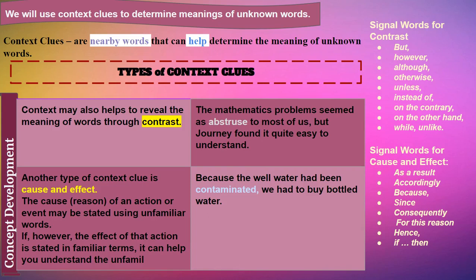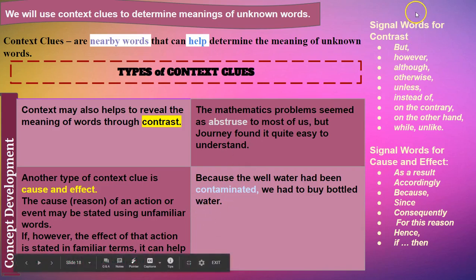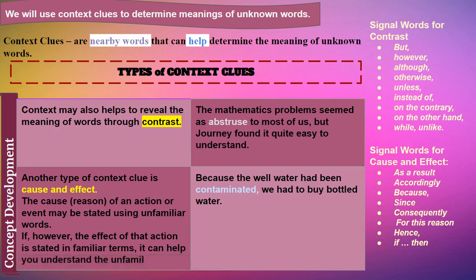Again, these are different types of context clues. We know we have signal words that will help us to determine what these words mean and how to use these words. So please, please, please take your time, go through this video. I know it's kind of long, I'm doing a lot of talking, but it's called front loading.